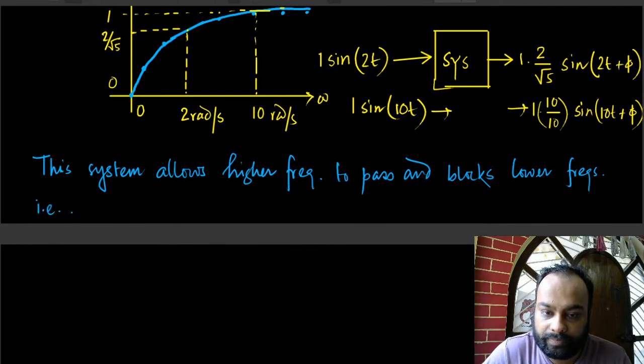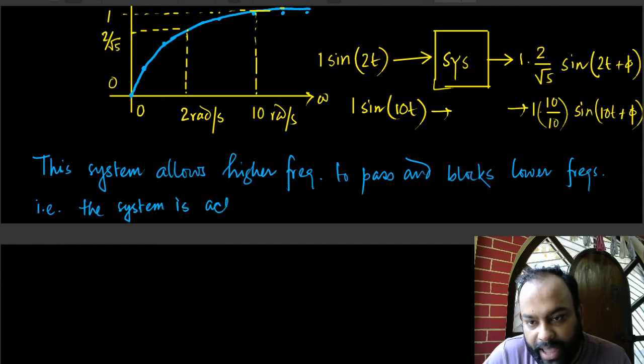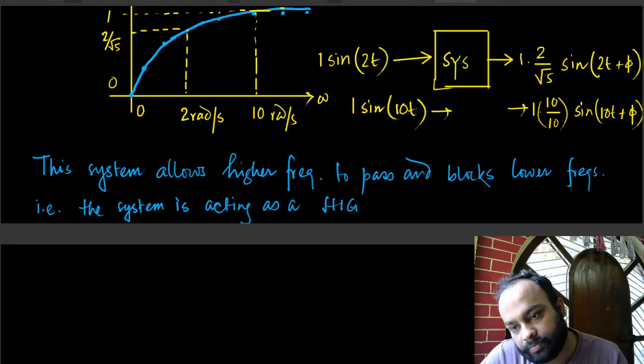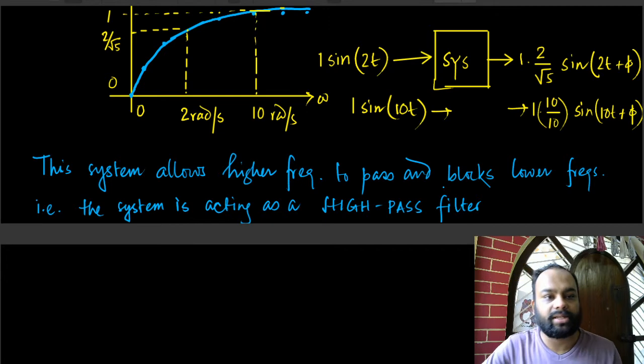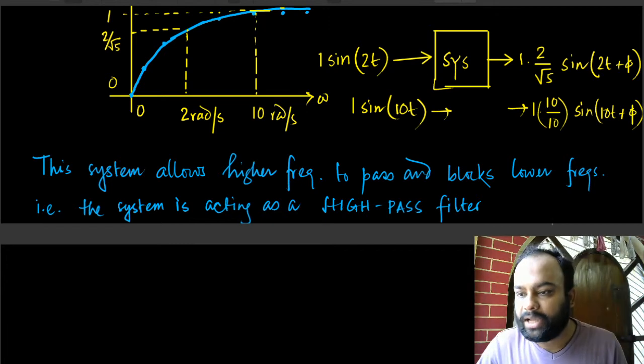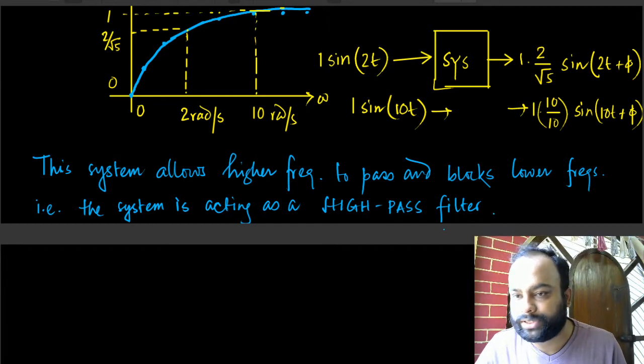That is, the system is acting as a high pass filter. So this system acts as a high pass filter. So it allows high frequencies to pass and it blocks lower frequencies.